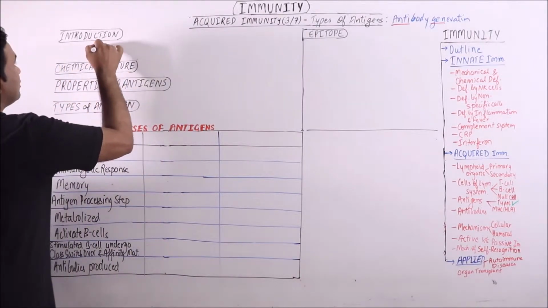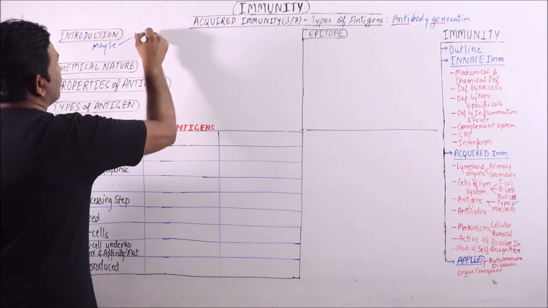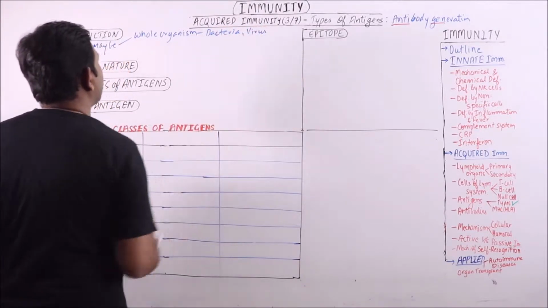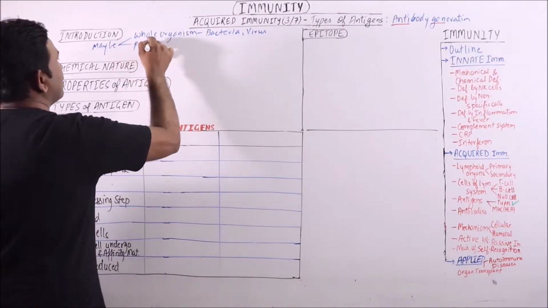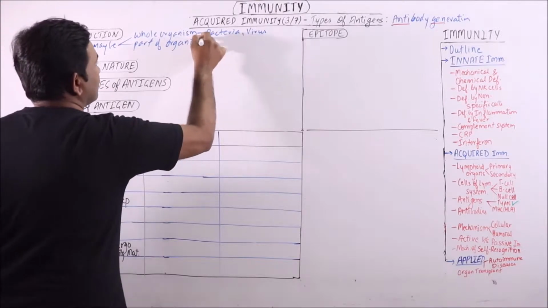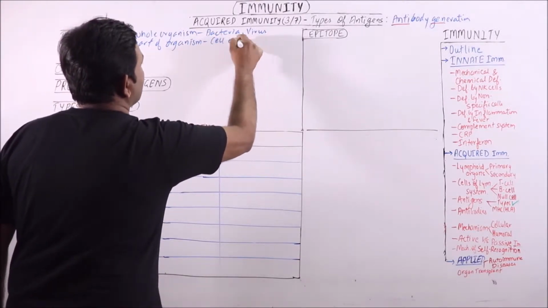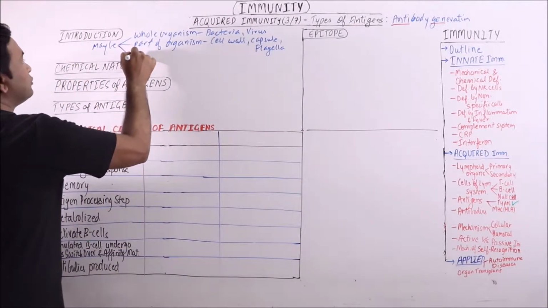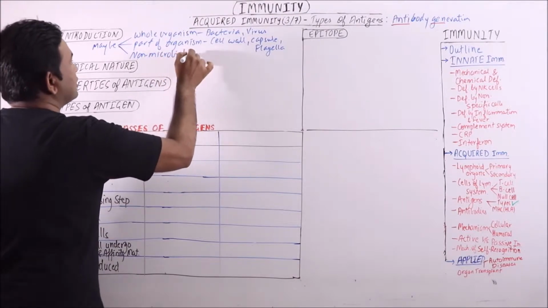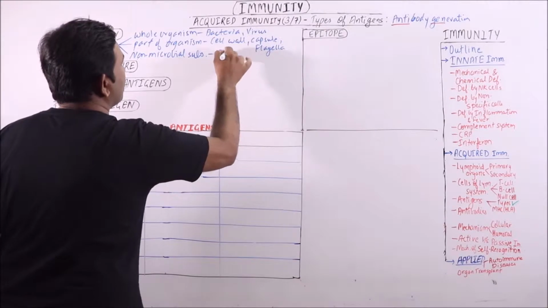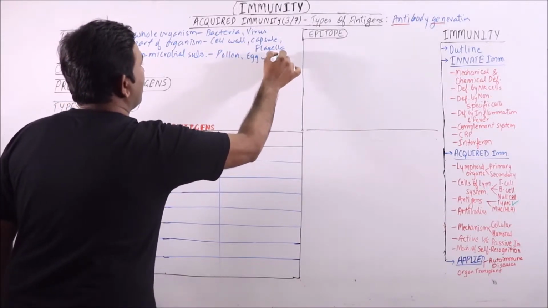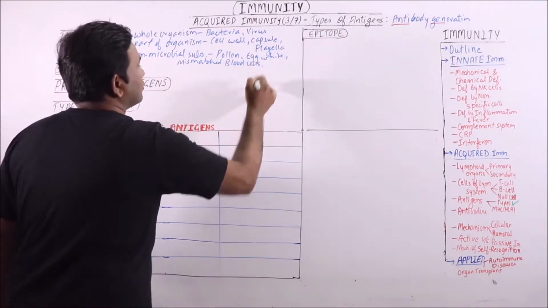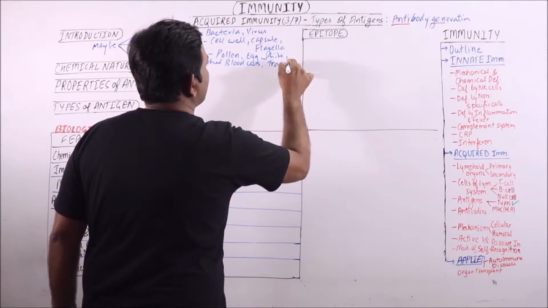These antigens may be whole organism like bacteria, virus, etc. or these may be part of organism like cell wall, capsule, flagella, or these may be non-microbial substance like pollen, egg white, mismatched blood cells, or transplanted tissues.